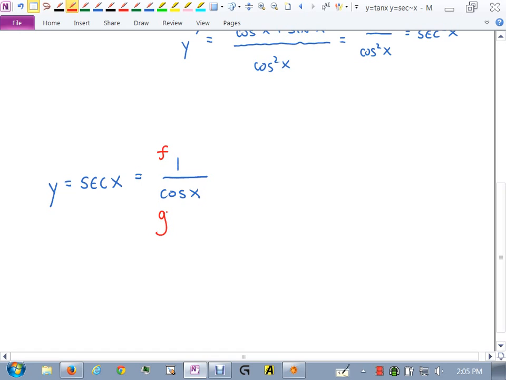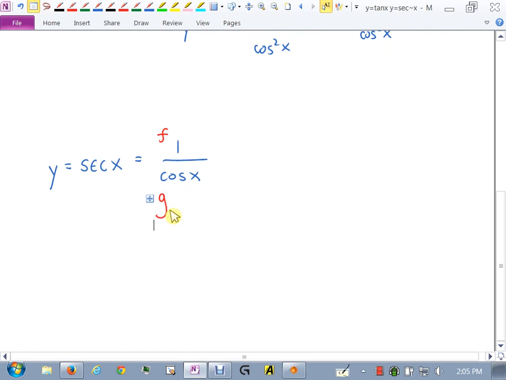Okay, that's just for your own fun if you want. Let's see some other quotient rule. x cubed minus 2x plus 1 over x squared plus 4x plus 5.